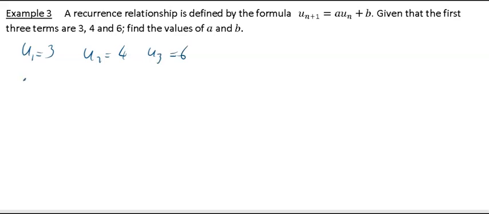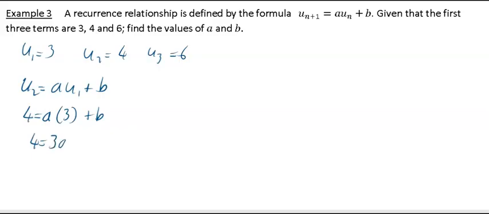So to get my u2, my second term, it's equal to a times my u1 plus my b. So fill in what we know. So we knew u2, the second term, was 4, is equal to a times my first term, which was 3, plus b. I'll just write that a wee bit nicer. That's going to be 4 = 3a + b, equation 1. You can probably guess where we're going with this.